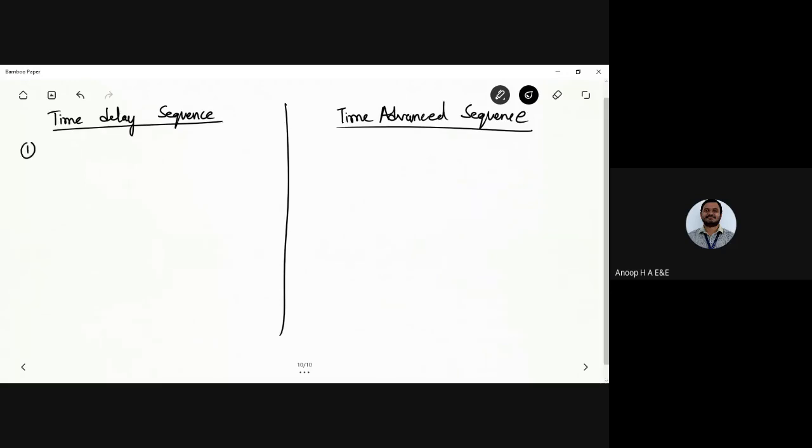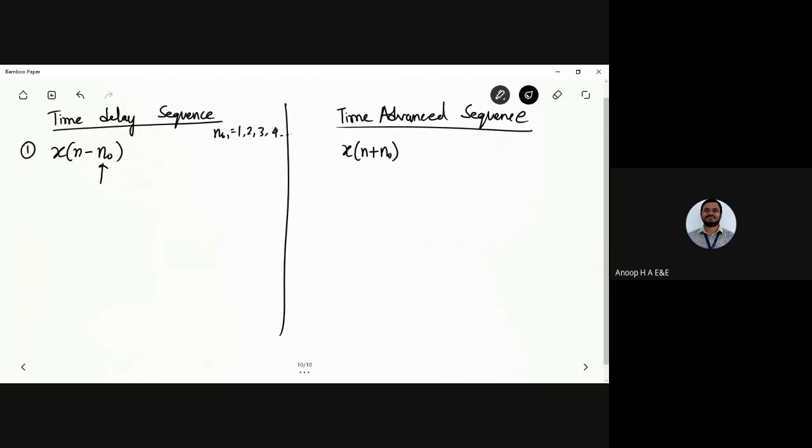So what do we generally mean by it? A delay is x of n delayed by n naught, where n naught might be 1, 2, 3 or 4. In case of an advanced sequence, it is x of n plus n naught.